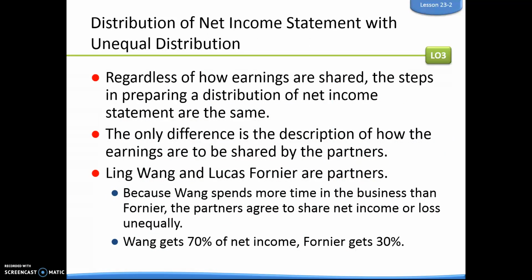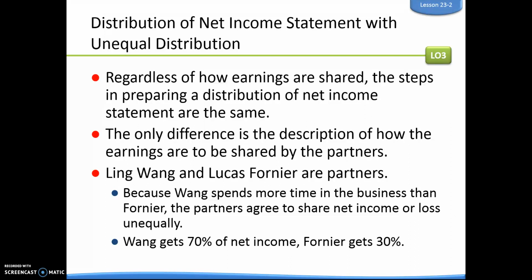Now, regardless of how earnings are shared, the steps in preparing a distribution of net income statement are the same. The only difference would be that if the partners decided that they did not share things equally, the description of how those earnings are shared may be different.